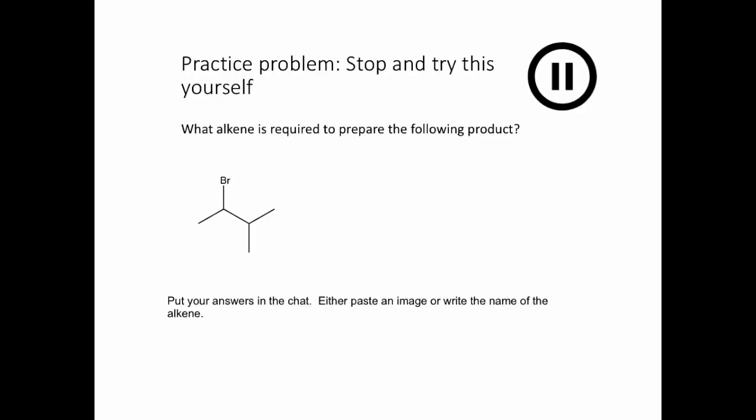So here is the product, and this came from some alkene plus HBr. So pause the video and see if you can figure out what alkene that would have come from and put your answers in the chat. You can either paste an image or you could just write the name of the alkene. So remember, this is the carbon with the halogen attached.